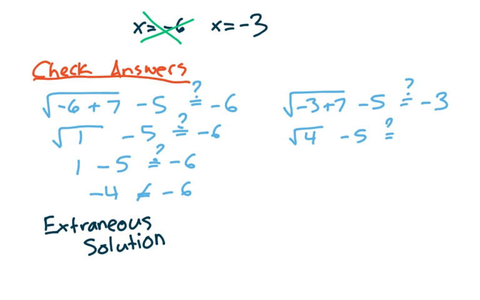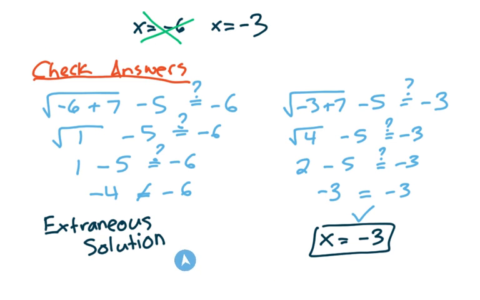Does this equal -3? Well, the square root of 4 is 2. So we get 2 minus 5. Does this equal -3? Well, 2 minus 5 is -3. So yes, this does equal -3. So this means that x equals -3 is my only solution.